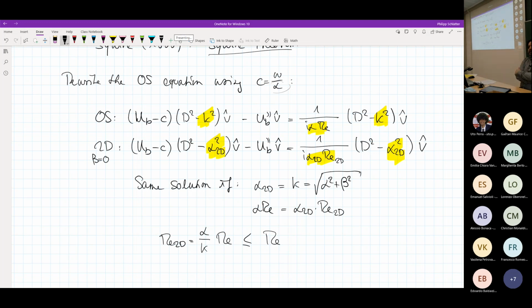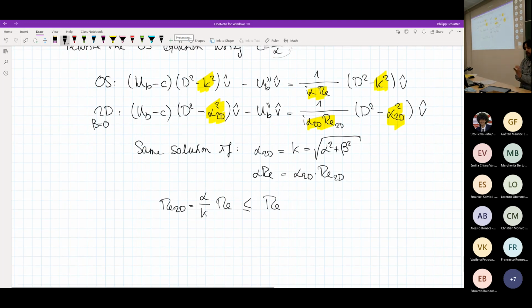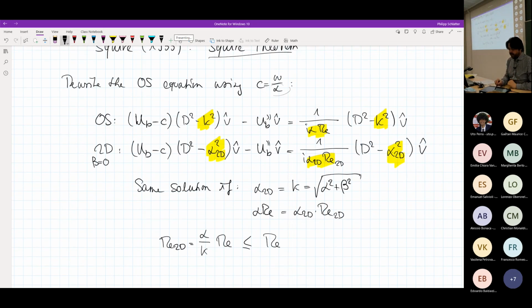So what does this mean now? What does this argument by Squire mean? Essentially it means that for each solution to the three-dimensional Sommerfeld equation, there is the same solution for the 2D Sommerfeld equation, but at a lower Reynolds number, right? Because Re 2D is lower than Reynolds.